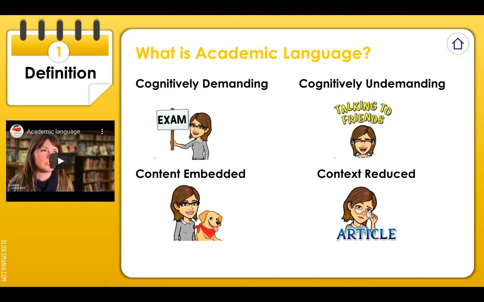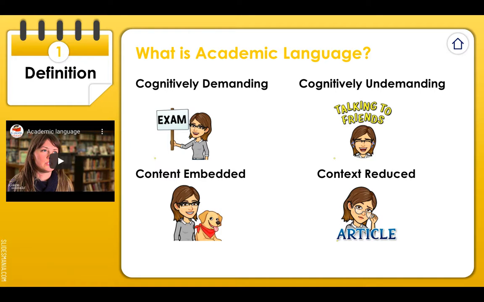Content-embedded academic language is vocabulary that is used in context. So if a student is going to adopt a dog at the pound, they will be more likely to understand what the pound means based on the context that they're in. They can use context clues, they can see content embedded in the situation, and will be more likely to understand the vocabulary.